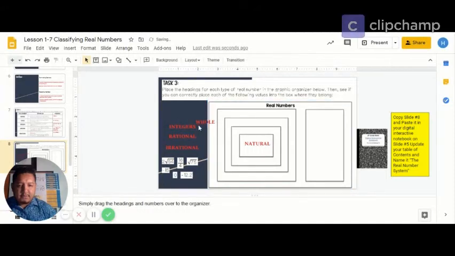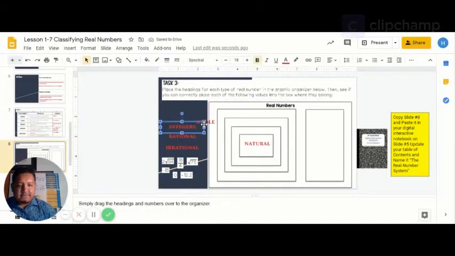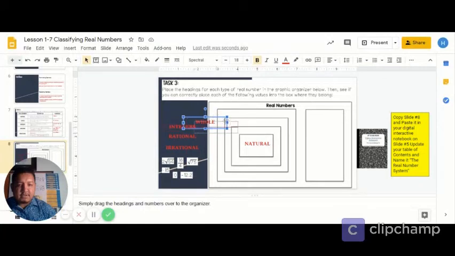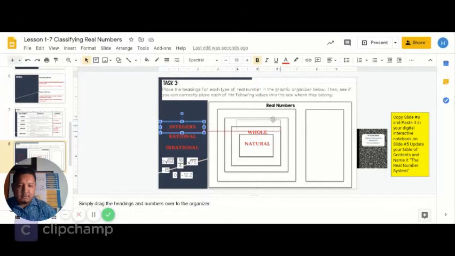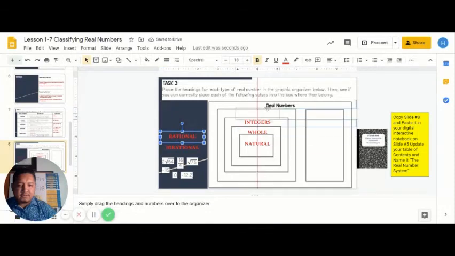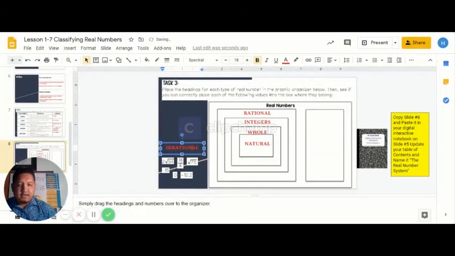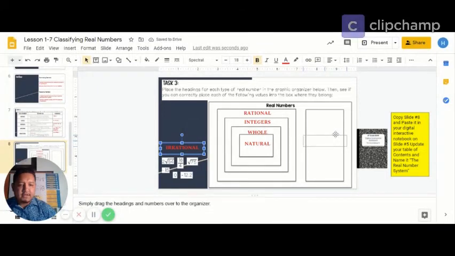Now the next definition that comes after is whole numbers. Whole numbers start with number 0, but it also includes the numbers 1 through infinity. Next we have integers. Integers go there. Rational comes next. And then over here, numbers that don't belong together on the left hand side are called irrational numbers.